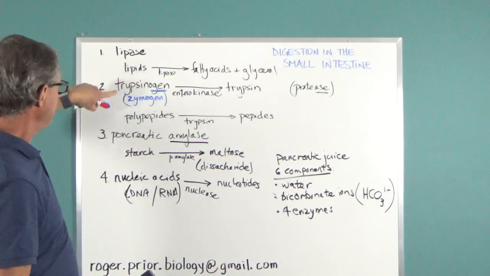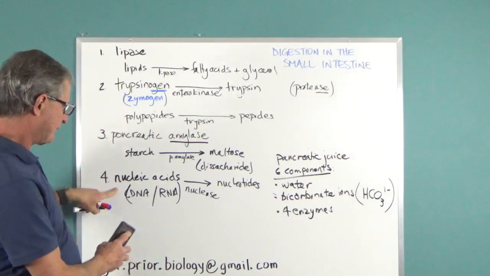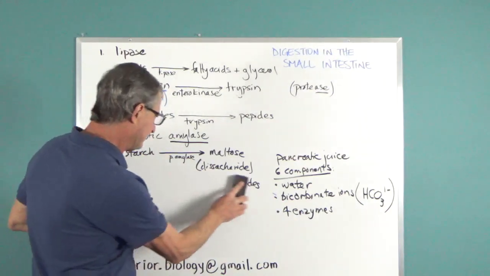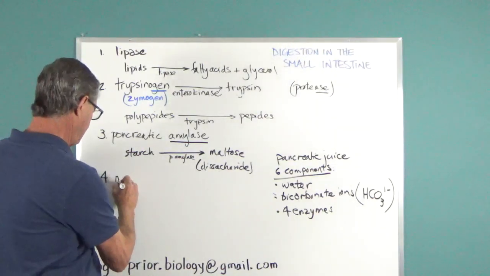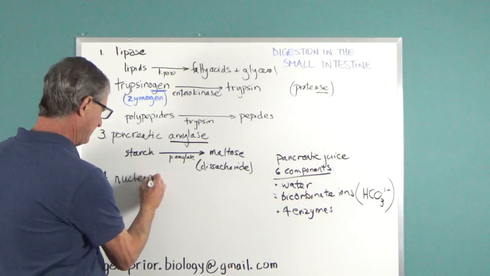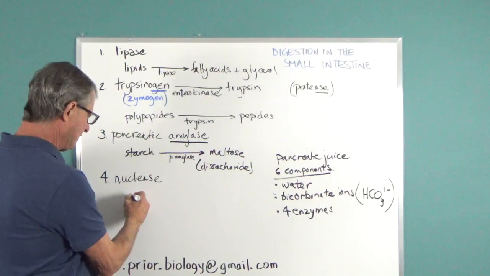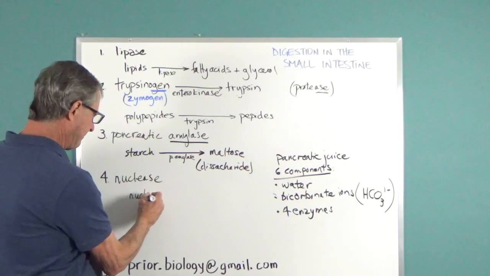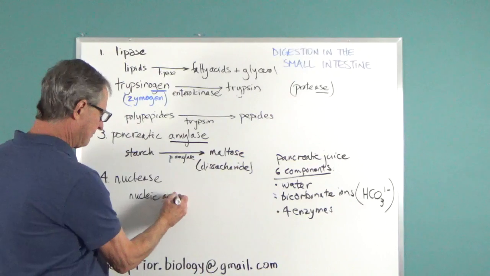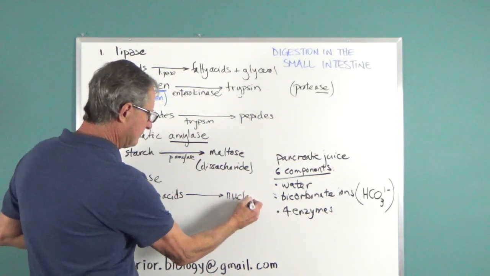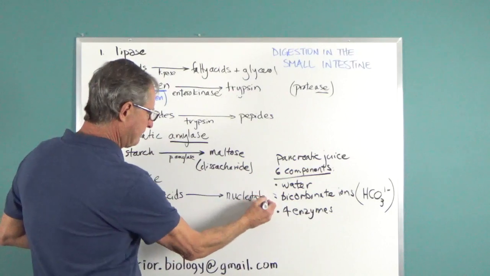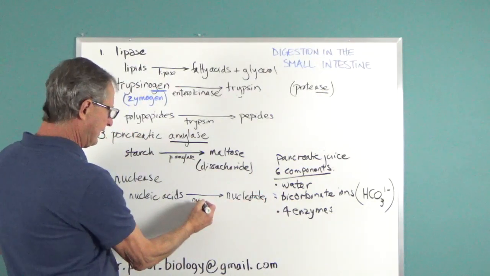I've got the enzyme, I've got the substrate here. Let me correct that for us. The enzyme, nuclease, takes the nucleic acids and converts them into nucleotides. So that's our nuclease enzyme.